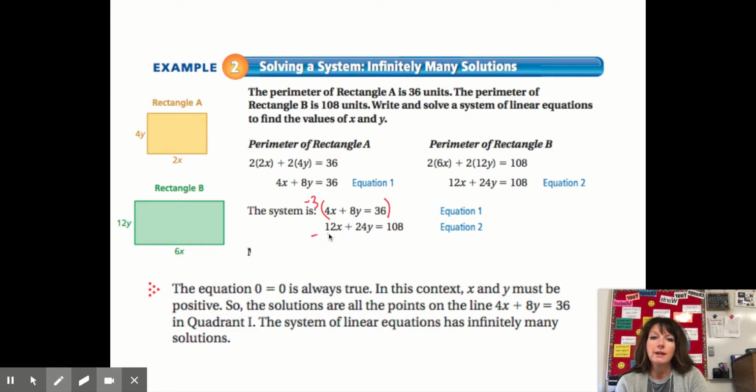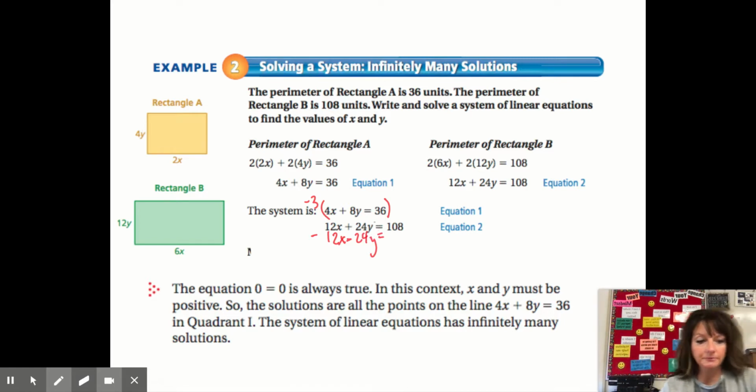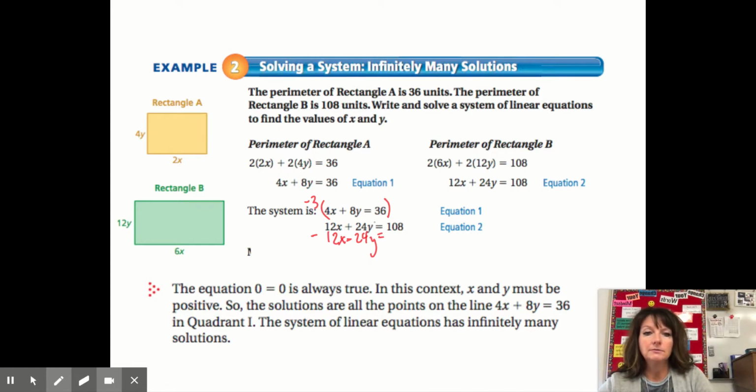So we'll have -12x minus 24y is equal to, oops, let me grab a calculator here, 36 times -3 is -108. And now we are going to add, so the x's cancel, the y's cancel, and the 108's cancel. So we get 0 is equal to 0, kind of like that, right?